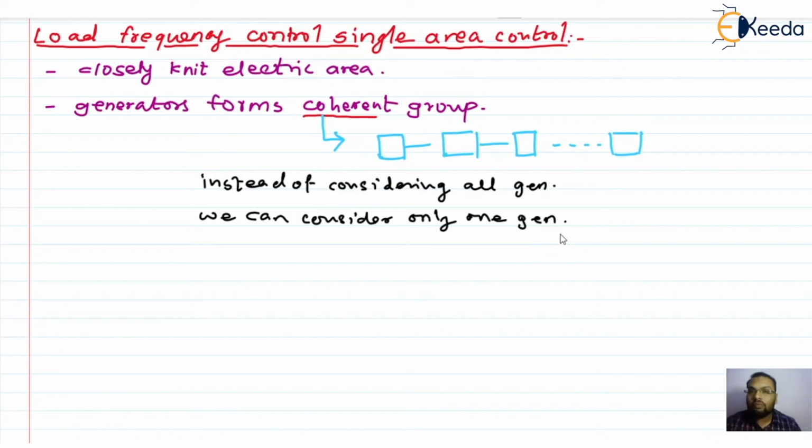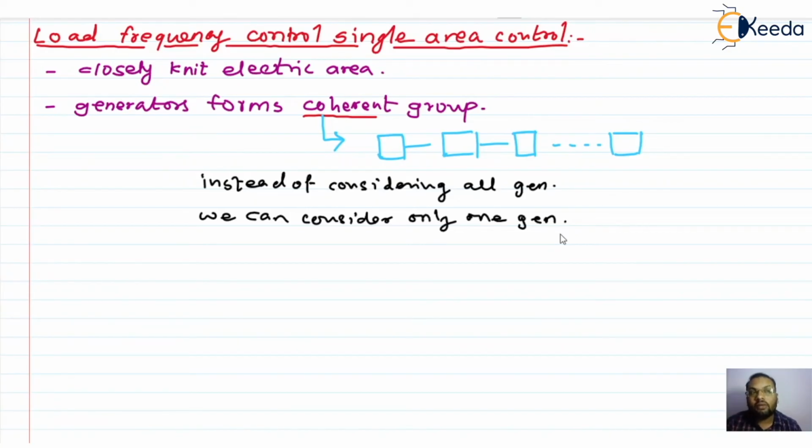Once we know how to control the frequency, the same phenomena we can apply to all other generators. This is how we can control the frequency for a single area. A single area means the area in which the generators form a coherent group.